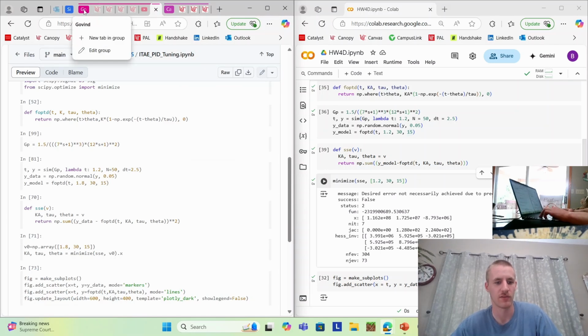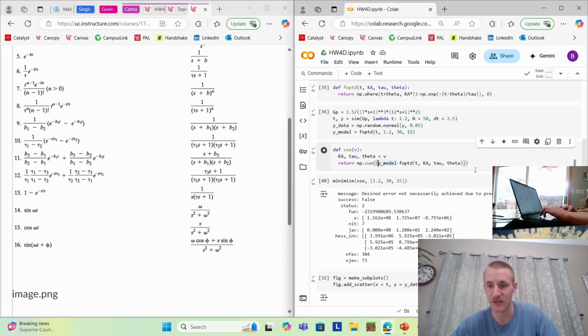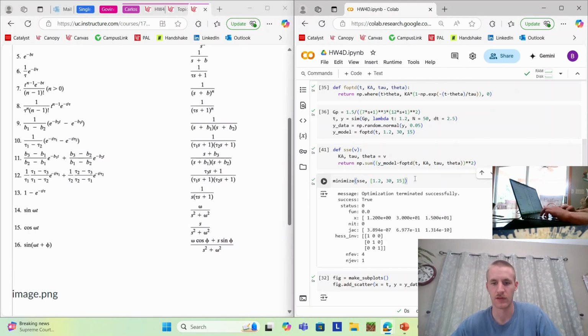Well, yeah, so about it being squared, I never actually squared it. It does need to be Y data.